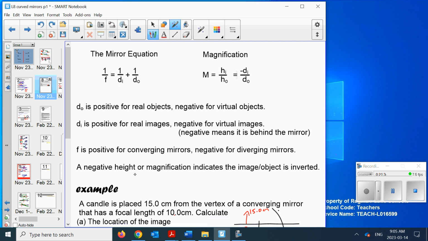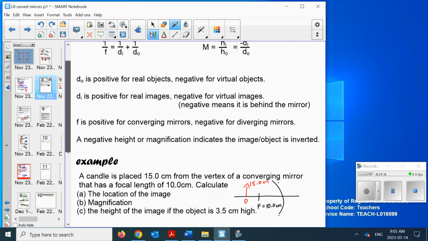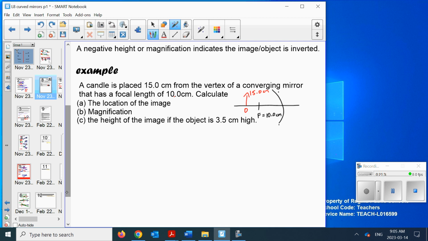Learn by doing. So, let's do it. A candle is placed 15 centimeters from the vertex of a converging mirror. I have a sketch, just because sometimes if you're a visual person, you need to have an approximate sketch. Maybe you don't, but I have a focal length of 10, and it's positive because it's in front of you. Calculate the location of the image.